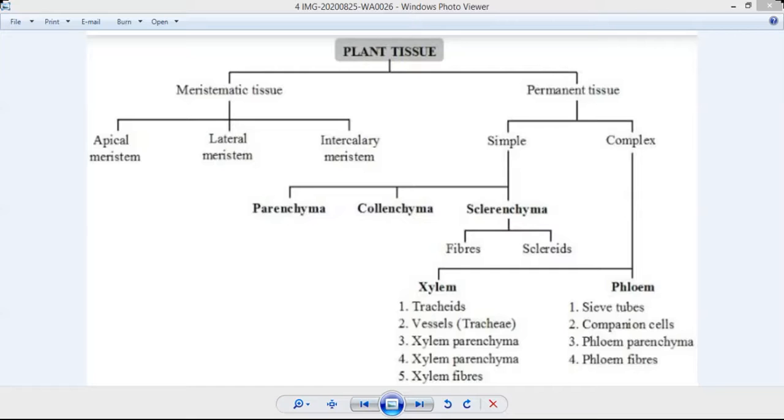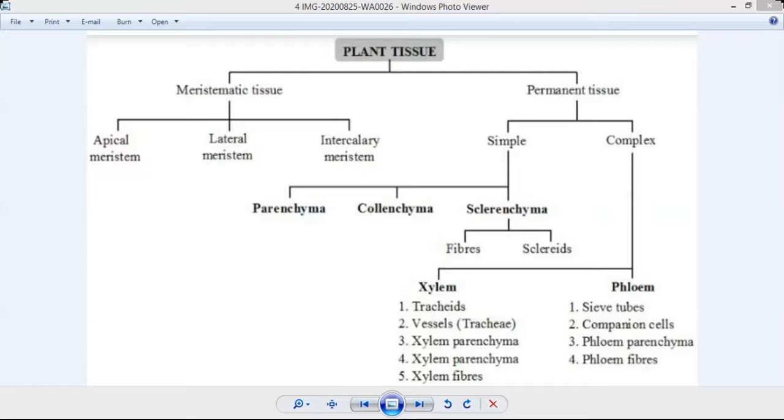So again I am repeating, permanent tissue is divided into simple and complex tissues. Among these three, sclerenchyma has a further division, that is fibers and sclereids. So parenchyma, collenchyma and sclerenchyma are the three kinds of simple tissue.